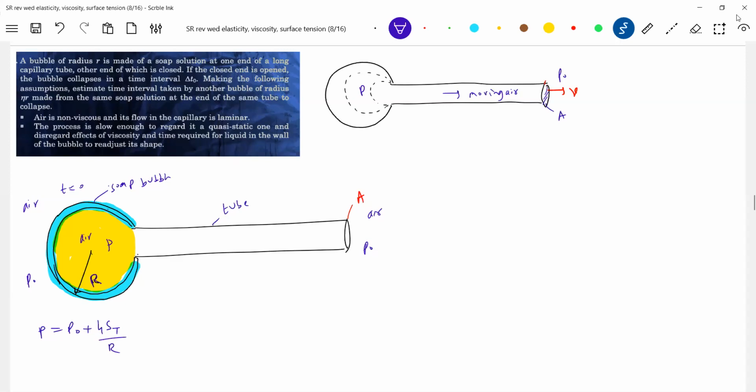So what happened to the volume of the bubble, the volume of the air inside the bubble? The volume of the bubble will decrease, no? So let the radius be R. Let's get into the mathematics. Volume of the bubble equals 4 by 3 pi R cube.